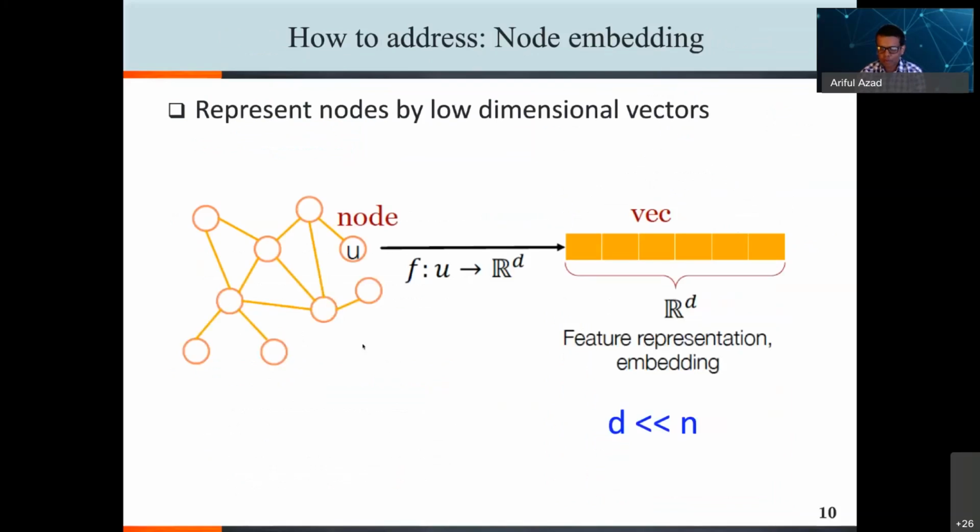So to solve this problem, what we do is we embed one node into a low dimensional vector space. For example, here, this node U, we embed into a D dimensional vector space, where D is much smaller than N. For example, D can be 126, where the number of nodes in the graph can be 1 billion.